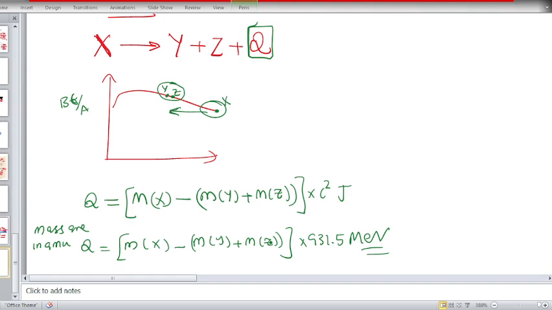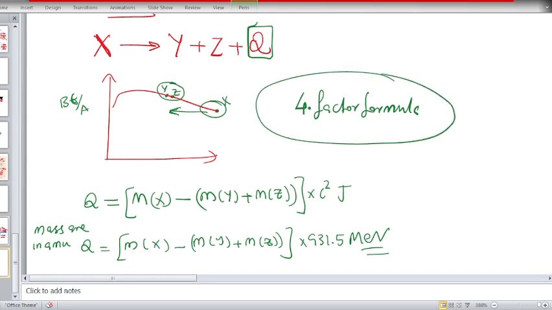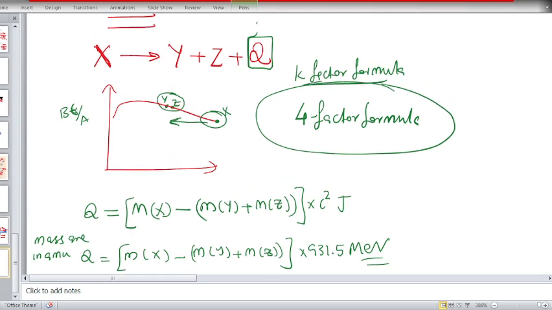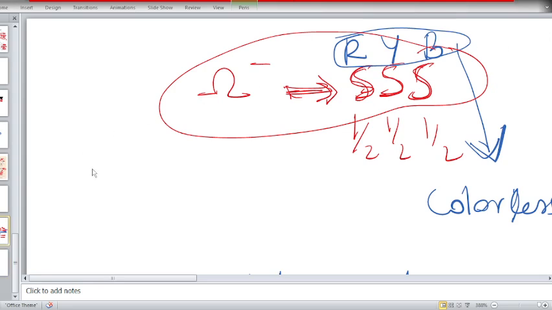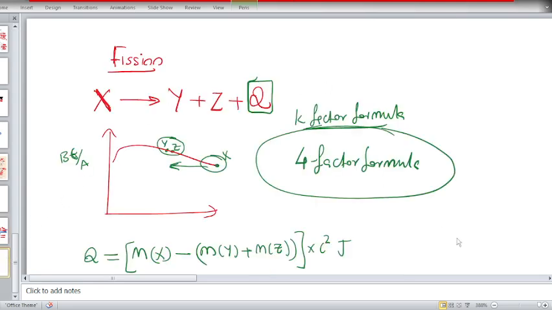But just check the four-factor formula in the fission reactor, also called the K-factor formula. It is also not that important, but just check it for the case of fission. For fusion, we have something to discuss.